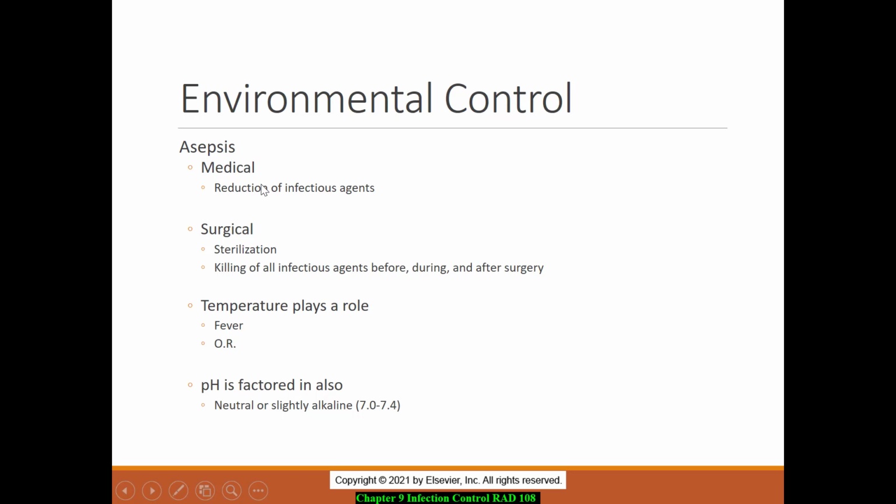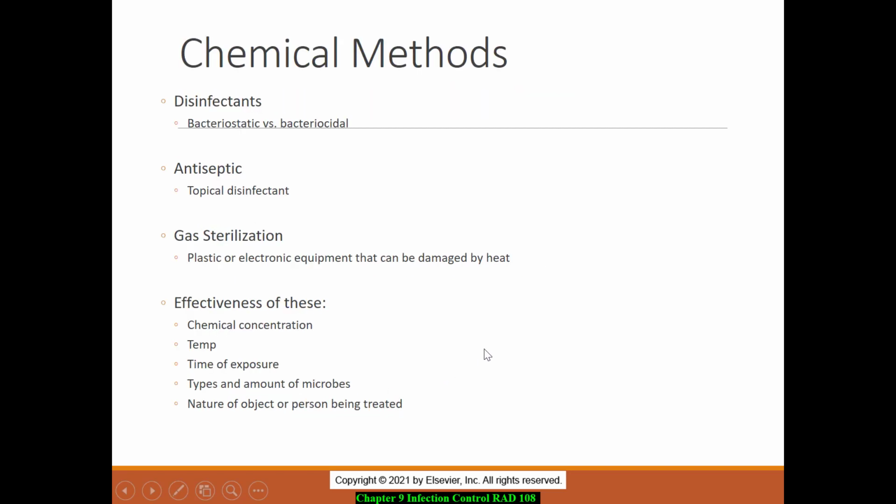So medical asepsis is when we try to reduce the infectious agents in that hospital environment. We can do sterilization of our surgical instruments and kill off those agents after surgery. Our temperature also plays a role, so we do want to keep rooms at a constant temperature, and pH is also a factor.